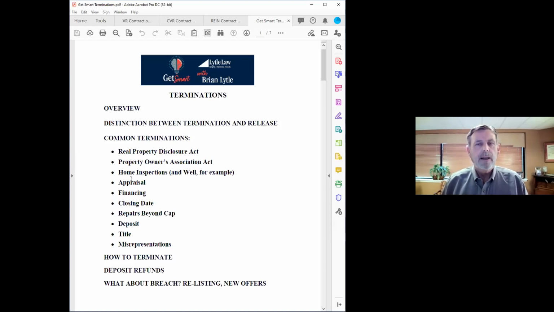But fundamentally, the seller has a duty to get the package from the association provided to the buyer. The buyer then gets 3 days to review it, and the buyer can terminate or cancel the contract for any reason or for no reason. The statute and the case law is very clear about that. And then, of course, a buyer can terminate any time prior to receiving it if it's obligated. In other words, a buyer doesn't have to wait to actually get it before terminating.